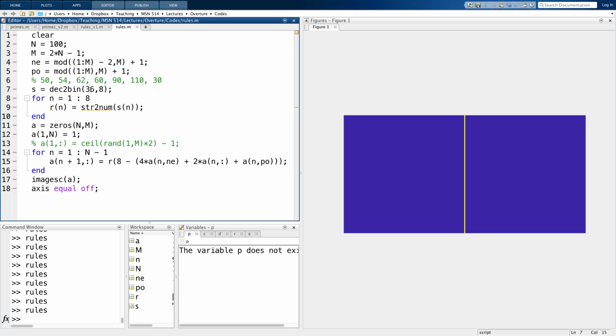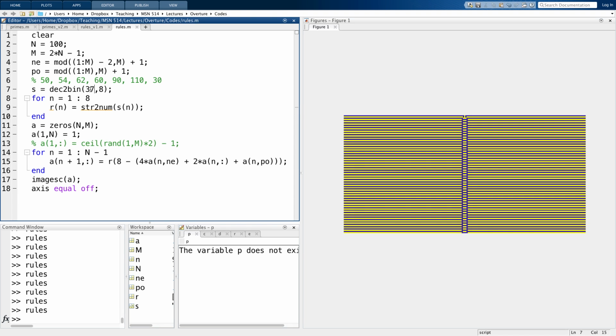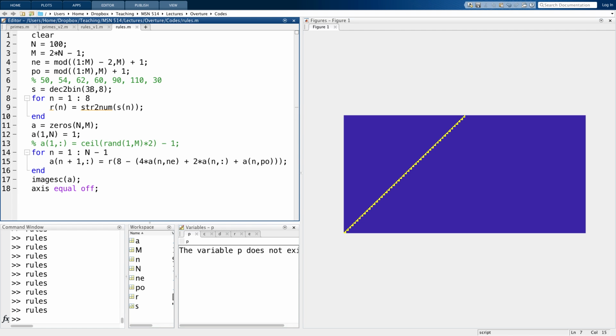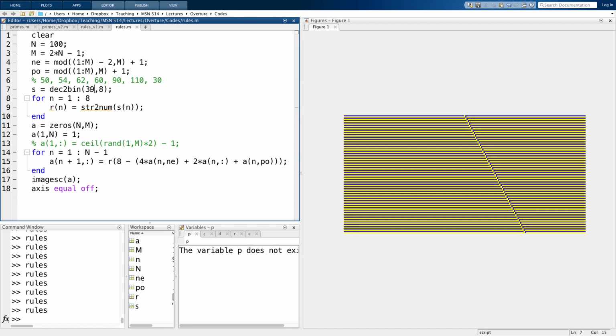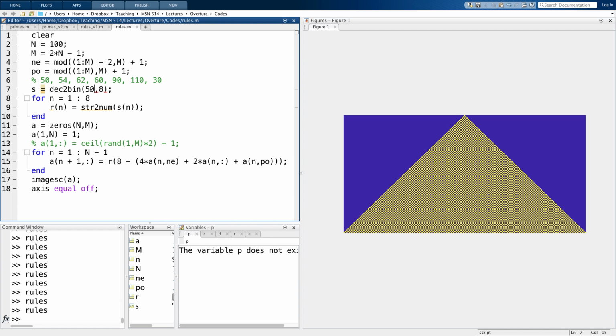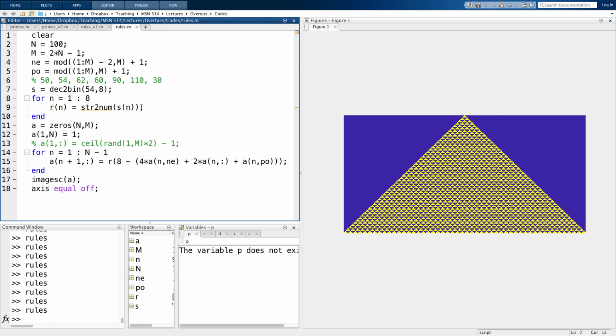36. 37. Boring. 38. Cool. 39. Come on. Let's make it 50. Something nice. Well, I can't zoom when I do this, so what about 54? Not bad. 62.